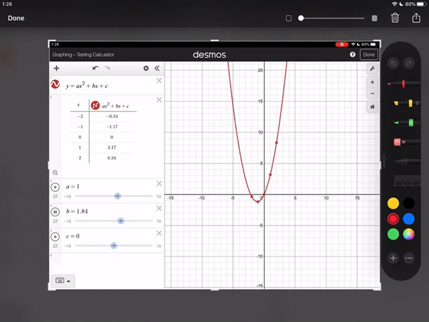Okay, so as b gets larger and larger, so as b gets further and further away from 0, my graph is moving further towards the left. And what I mean is y equals x squared, my generic graph, starts to move towards the left and downwards.